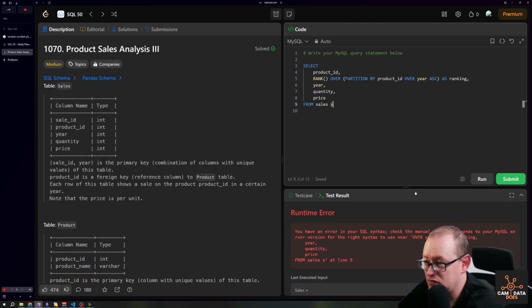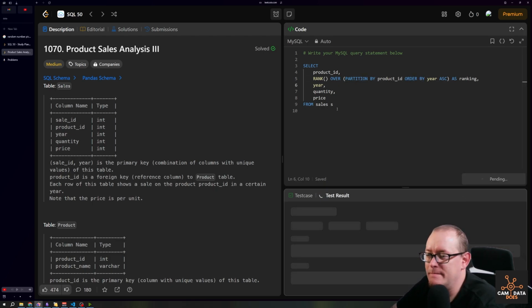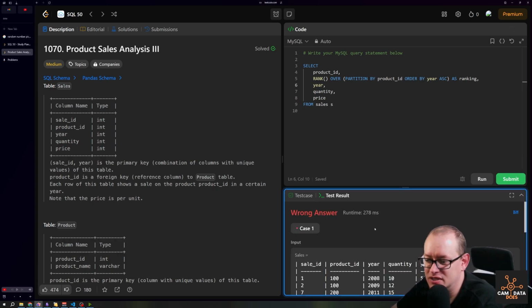Check the manual over here. Oh, I didn't mean to do OVER there. I meant to do ORDER BY. All right, sorry. You put the OVER in between these two parentheses. You're doing the RANK OVER PARTITION BY product ID ORDER BY. I don't know how I got over there. So there, I just wanted to show you what this CTE is producing.